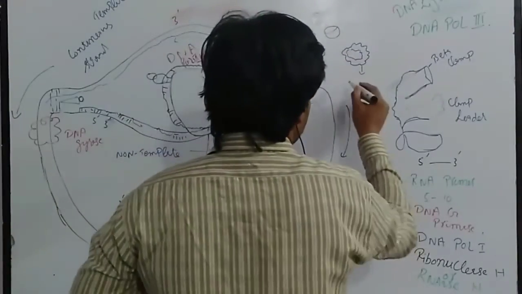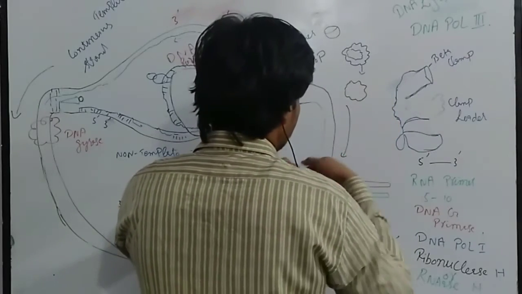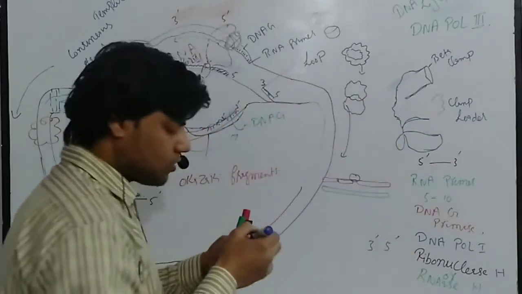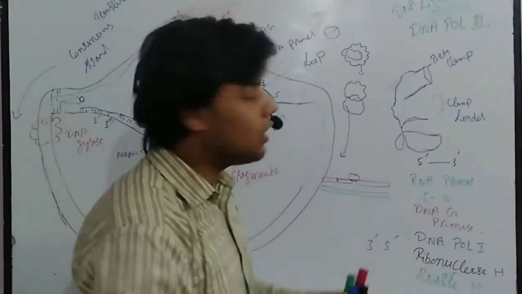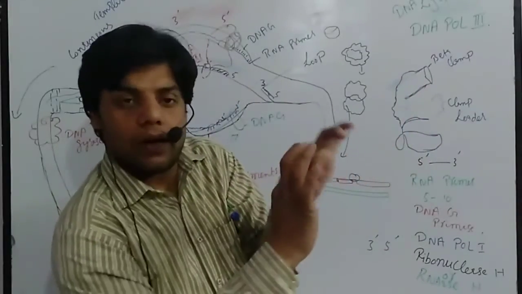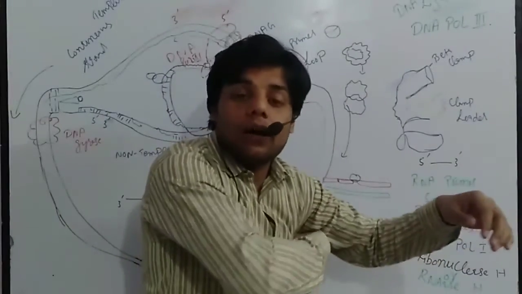So we get the strand in this form. So now the strand jumped, and this is the new strand which is formed. So we have it in this direction. Okay, so the elongation is completed.